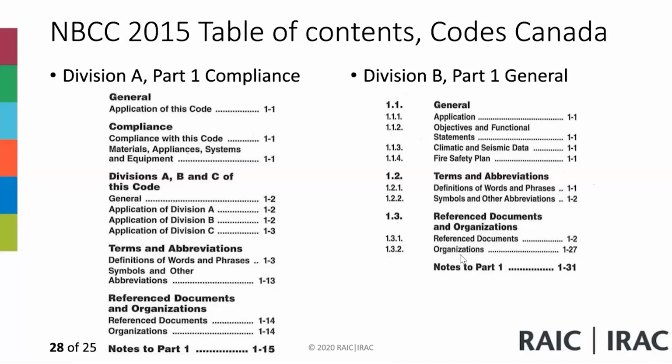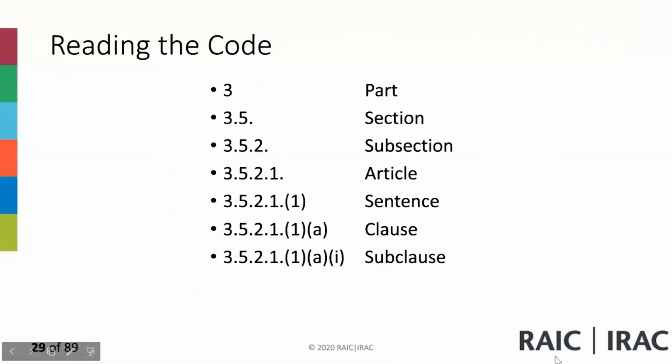And then we go to the next one. Part 3, section 3.5, subsection 3.5.2, article 3.5.2.1, sentence 3.5.2.1.1, or 2 or 3 or 4, and then the clause, the A, B, C's, and the subclauses, which are the Roman numerals: minuscule i's, double i's, triple i's, and v's.